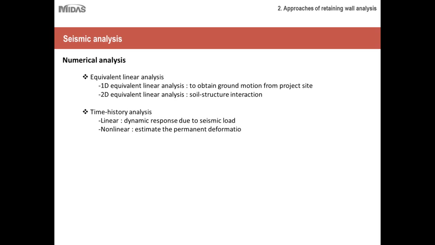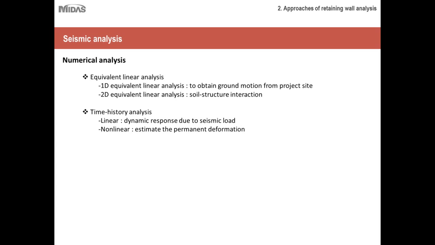So if equivalent linear analysis was there, then why did engineers feel the need for time history analysis? Basically time history analysis is useful for determining the dynamic response of the structure. Linear analysis, as the name suggests, is linear and it doesn't take into account the dynamic effects.